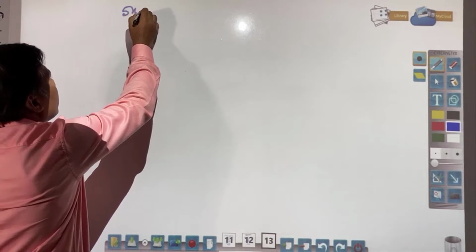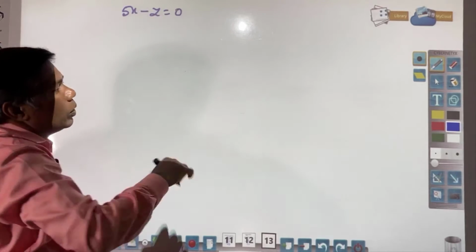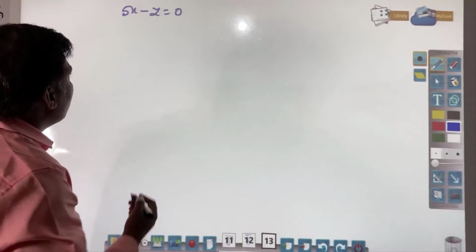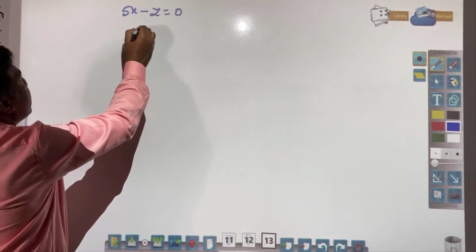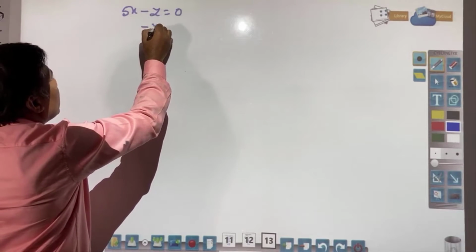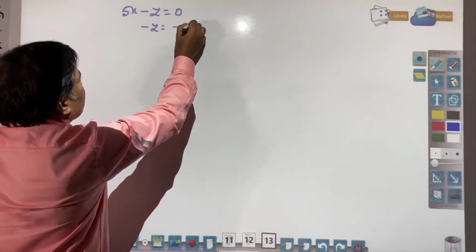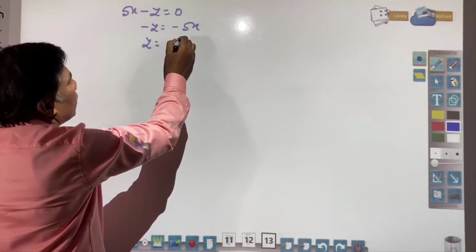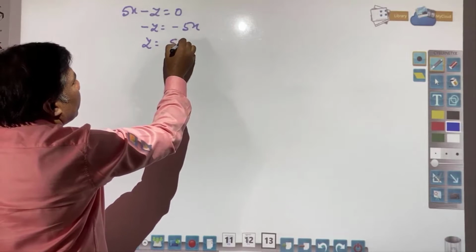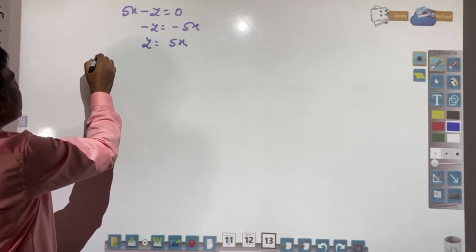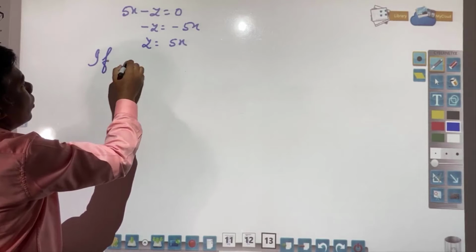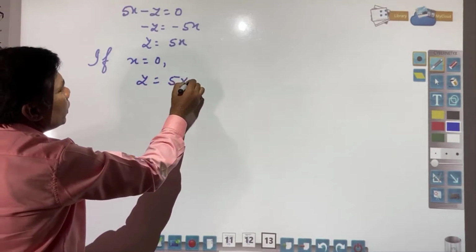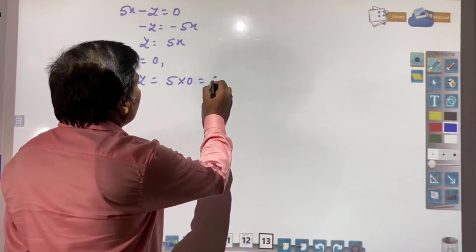If you remember yesterday as we had done, in the same way it is required to be done. Here you see minus y is equal to minus 5x can be written and y will be 5x. In this case, if x is equal to 0, y will be 5 into 0, which is equal to 0.